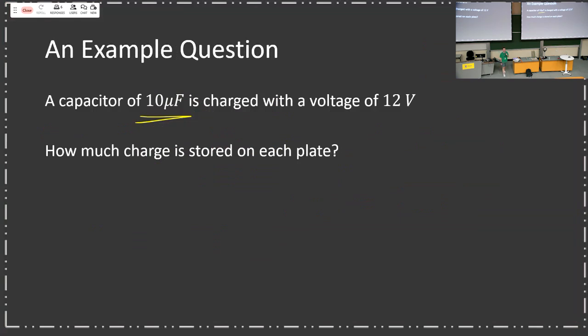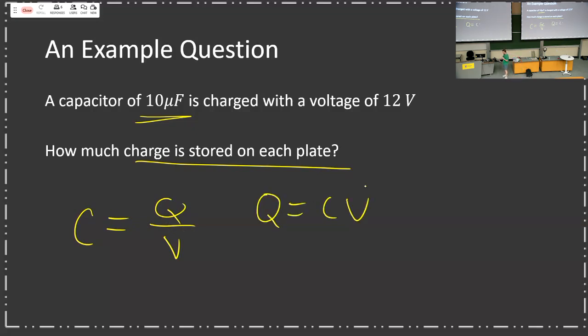So let's take an example. We've got a capacitor, it's got 10 microfarads of capacitance, and we charge it with 12 volts. How much charge is stored on each plate? Well, C equals Q over V, and then you just rearrange it. We do a lot of rearranging, okay? So we're looking for Q. So Q is equal to CV.